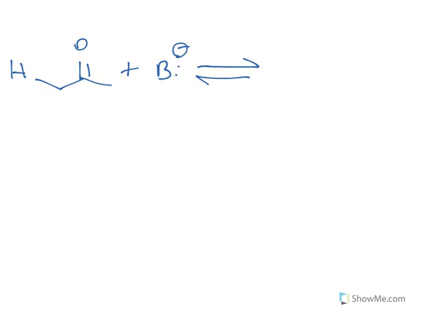So let's redraw this. All right, there's our equilibrium. On the left, we have an acid with a pKa of around 19. So for BH, we want 19 or higher for this thing to really get going.